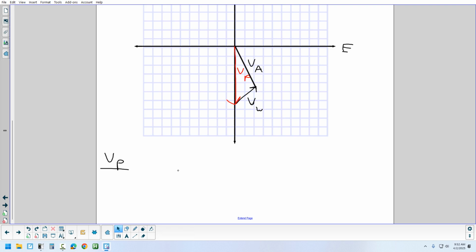Just a j, and specifically a negative j. If you want to be even more specific, it's negative 500j. That's the velocity vector for the plane. There's no i component because v sub p is south.